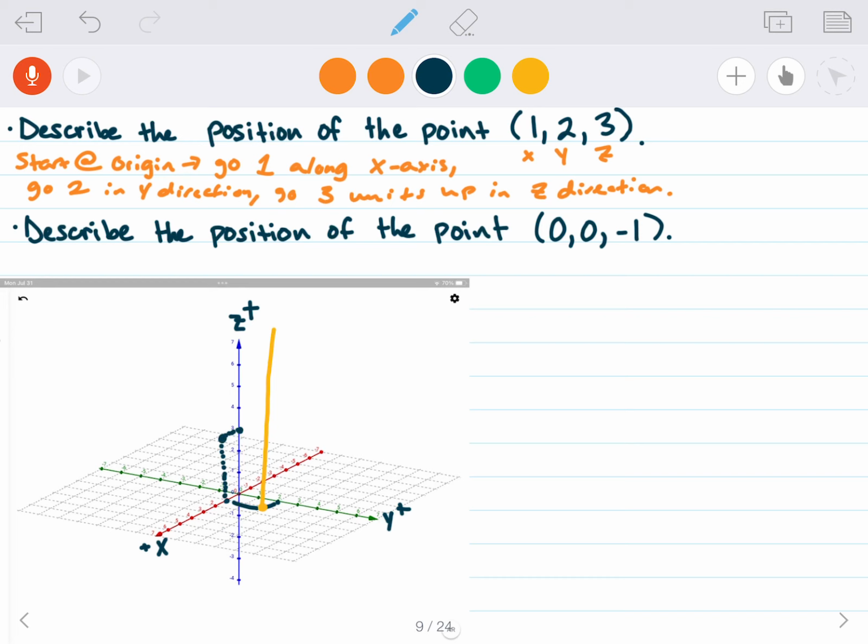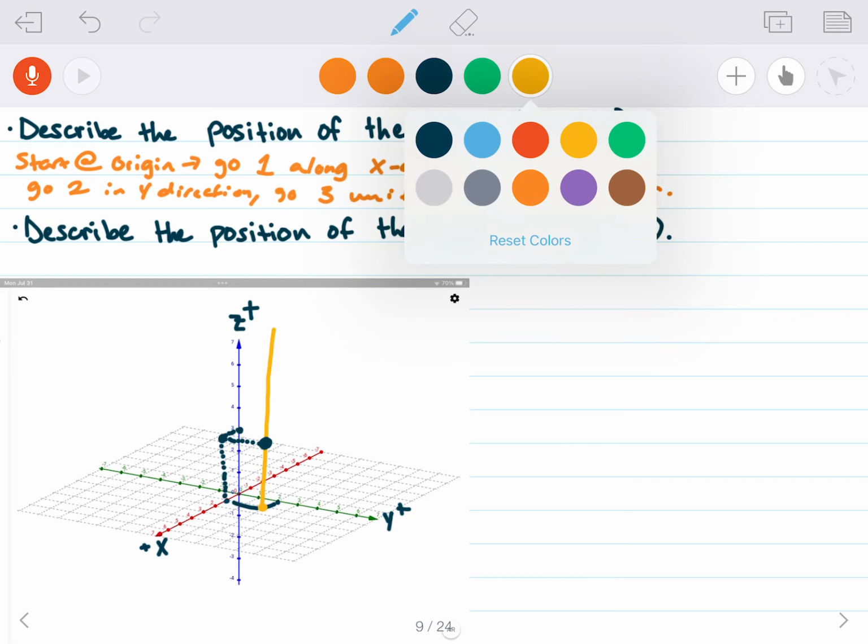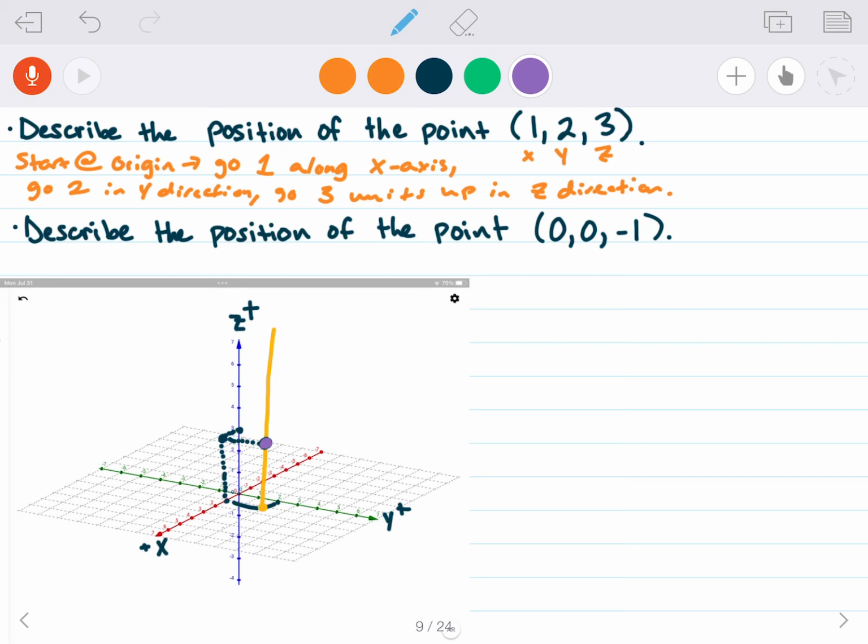And then I'm going to go 2 in the direction of the y-axis, which we already found where that stops. It's going to stop at this point right here. So this right here, let me do it in a different color. How about purple? This is the point 1, 2, 3. And let me just erase everything so you guys can see where it is.